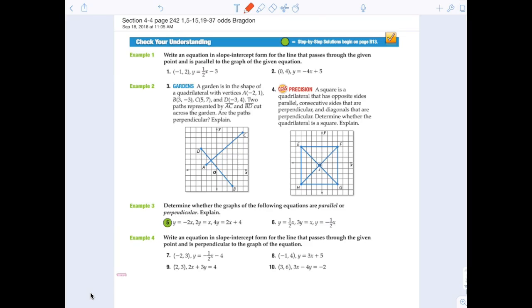All right. So one of the first things I want to start out with is by you writing down one thing here. Lines are parallel if they have the same slope. Remember, this is what you're writing down. Lines are parallel if they have the same slope.